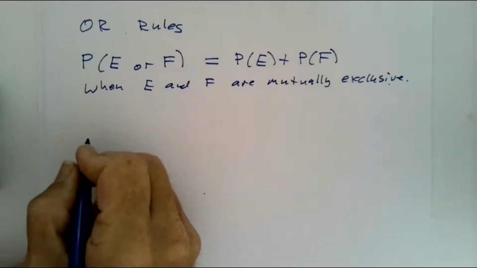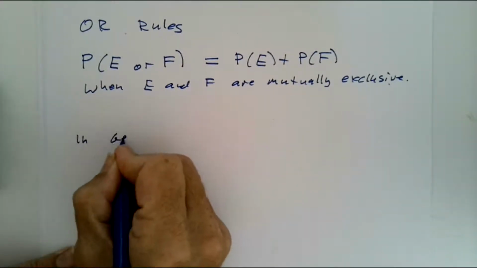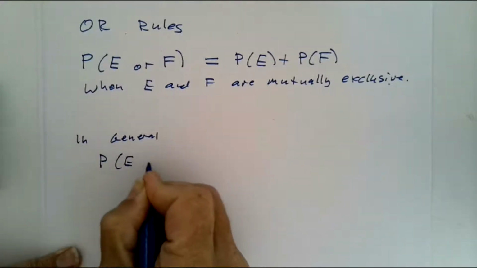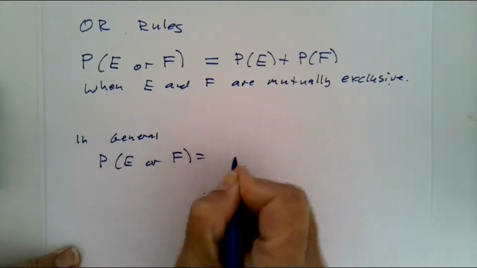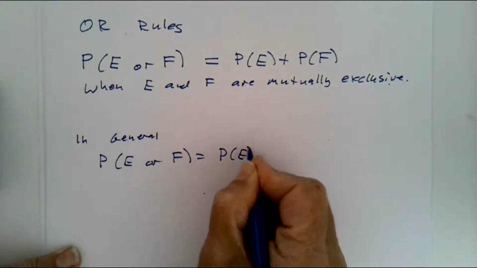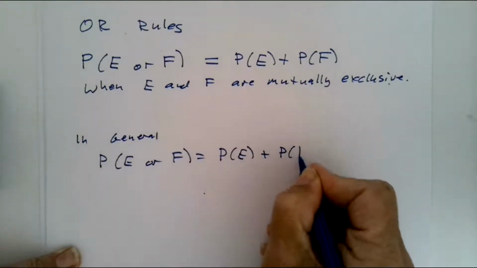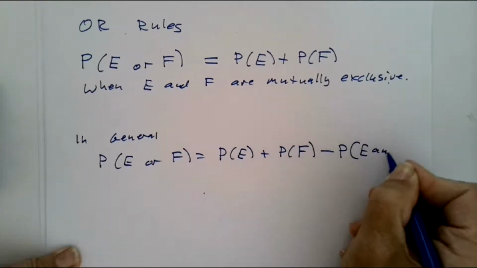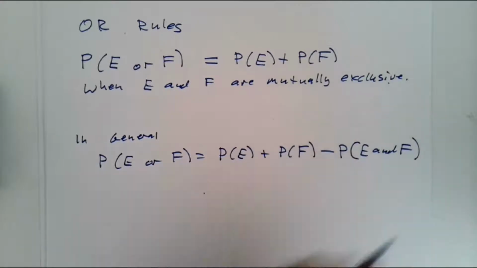But if they're not mutually exclusive, in general, the probability of E or F is the probability of E plus the probability of F minus the probability of E and F. So that's our case when red and kings come into play.